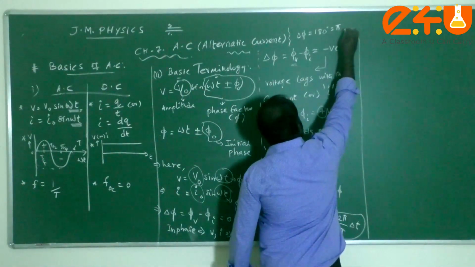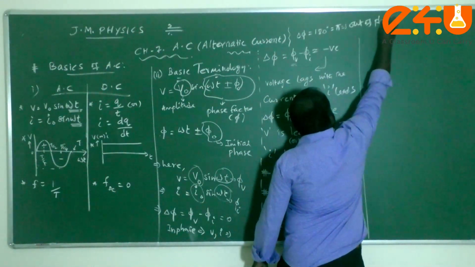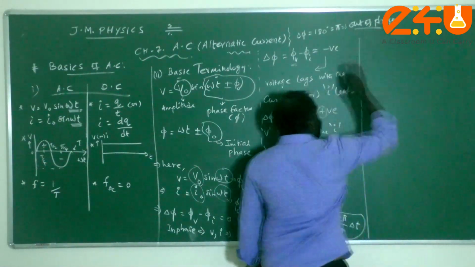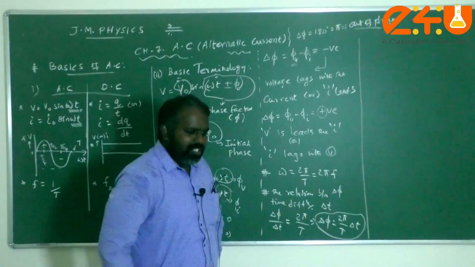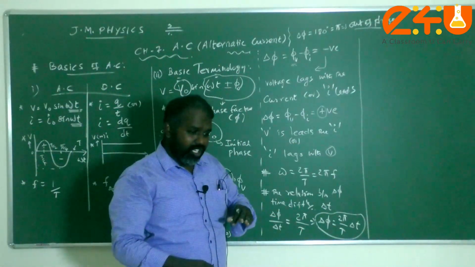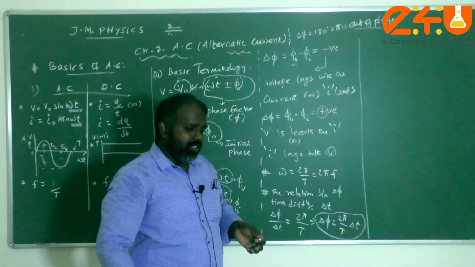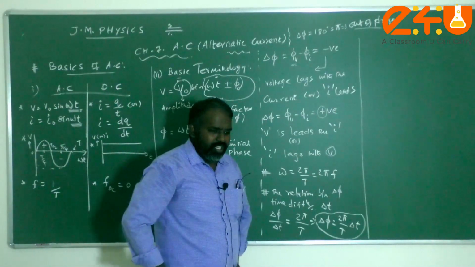What does out of phase mean? When one quantity is maximum, the other quantity will be minimum. That is called out of phase. Please keep that word in mind.